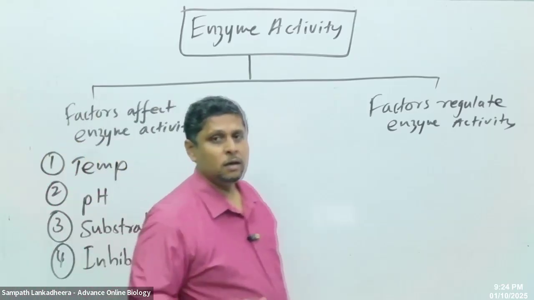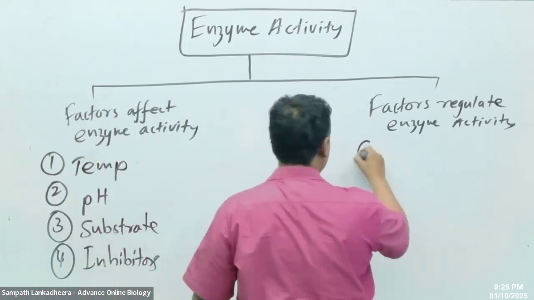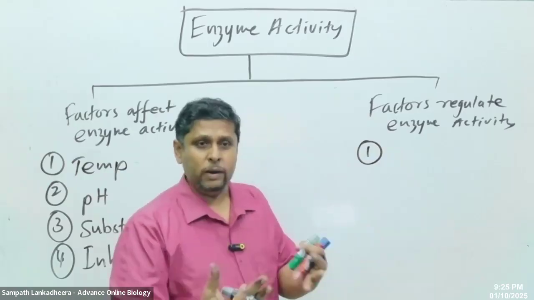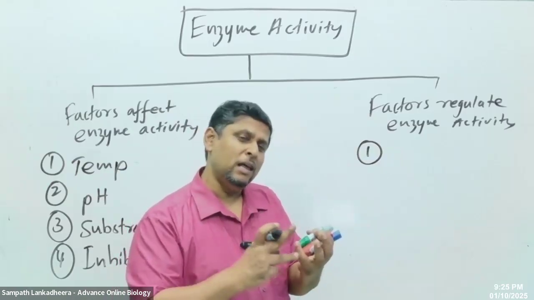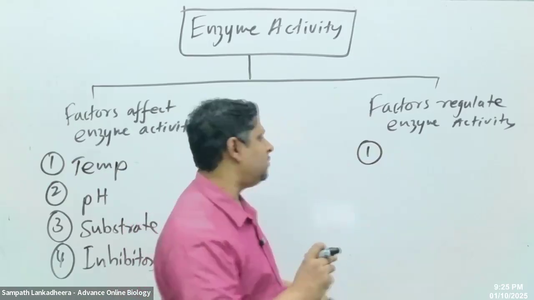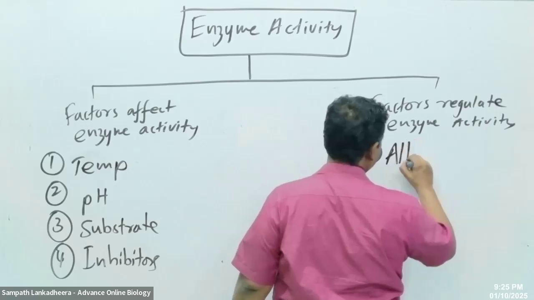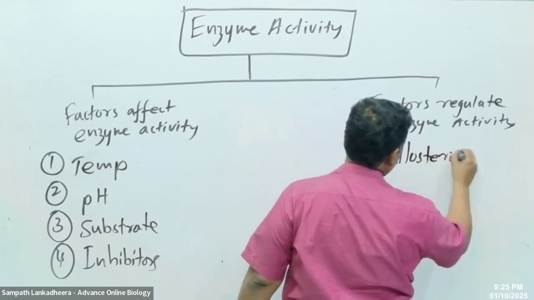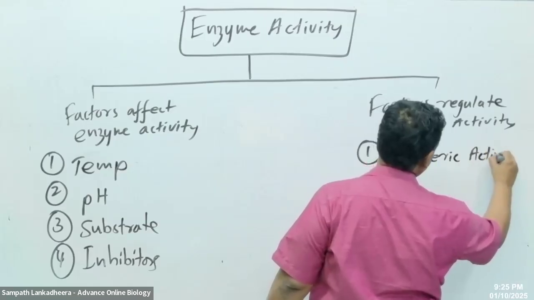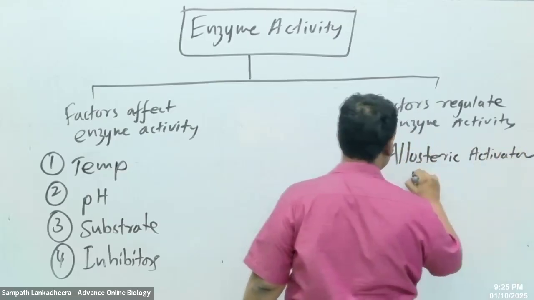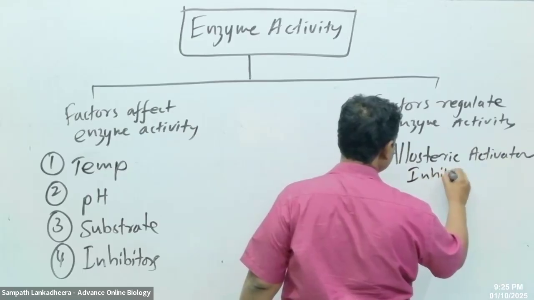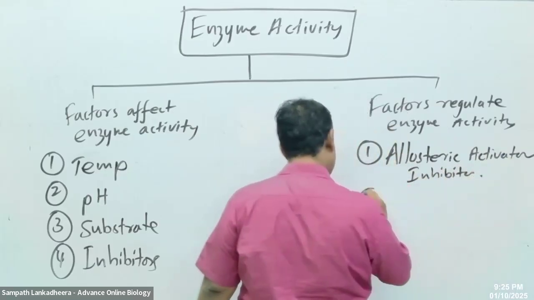They affect. Now, factors regulating enzyme activity. How are enzymes controlled? One is the allosteric activators and inhibitors. What is the second one, people?